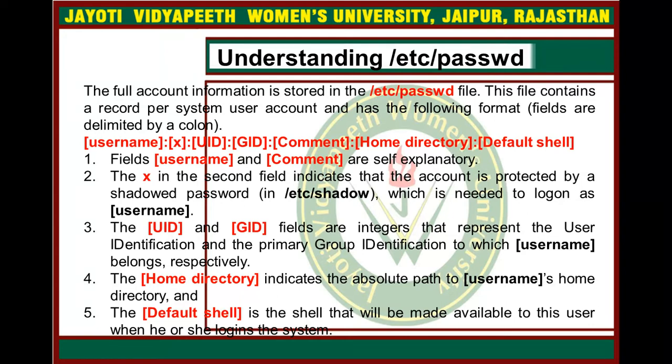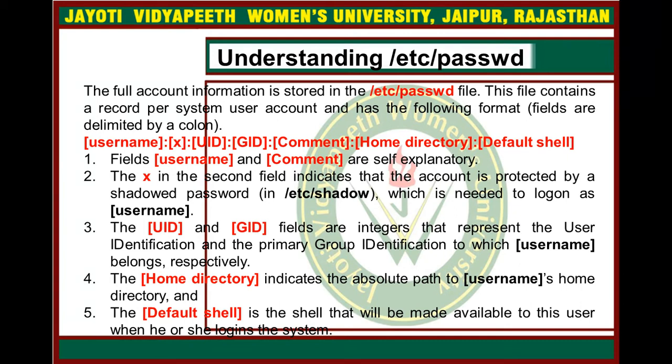In the square braces you have to mention which is required. So first, username and comment are self-explanatory, as the name suggests: username is the name of the user who is using, and the comment is the comment you are giving.